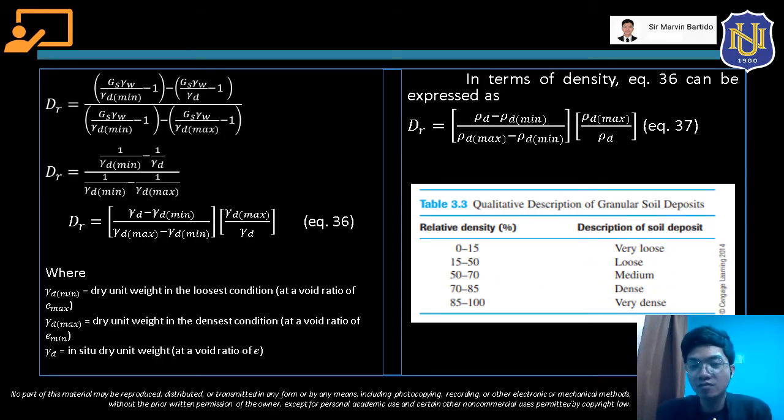So kapag yung relative density natin is 0 to 15, yung lupa natin class is very loose. Kapag 15 to 50 naman, loose yung soil deposit natin. Kapag 50 to 70 naman, medium. Kapag 70 to 85, dense. And then kapag 85 to 100% yung relative density natin, very dense na yan.